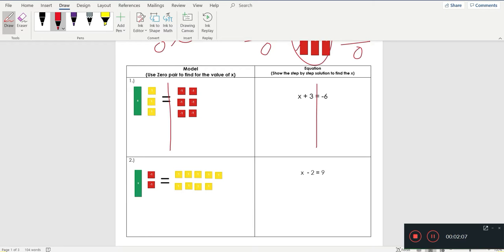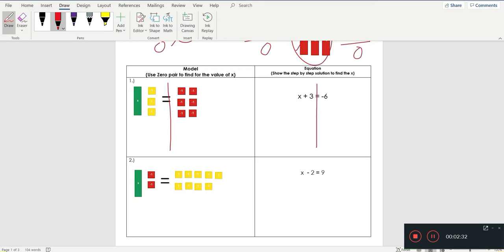On number 1, what do you think is the best number that we need to get rid of to isolate the x? Awesome. The answer is we need to get rid of positive 3. How are we going to get rid of that? Awesome. By adding negative 3, right?